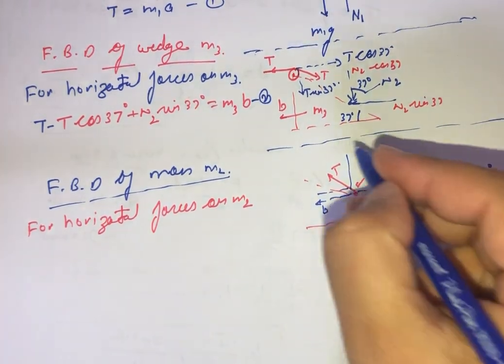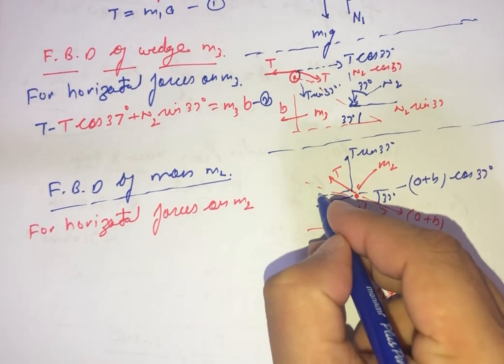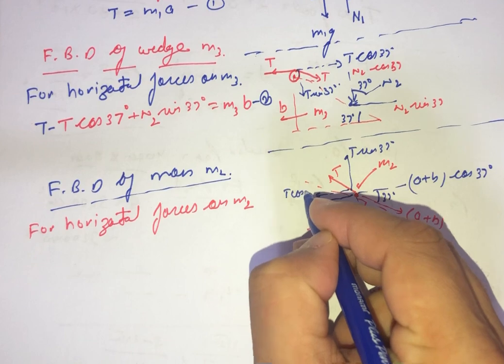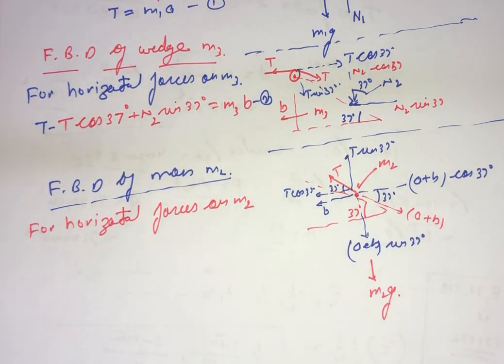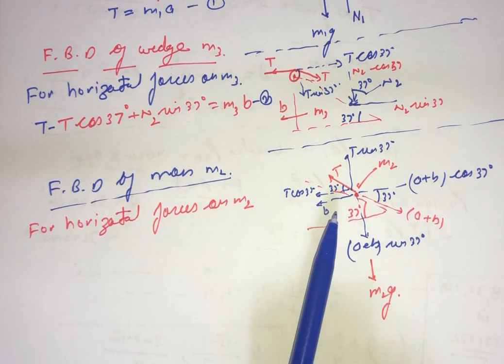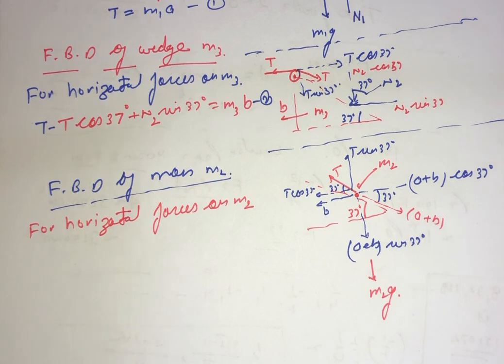Okay, so we get T sine of 37, and this we get T cos of 37. This will be angle 37. I think now it is done. Yeah, string, weight and acceleration. Yeah, that's complete.